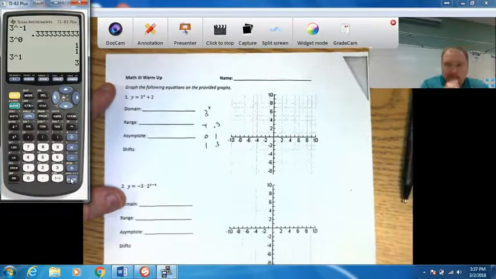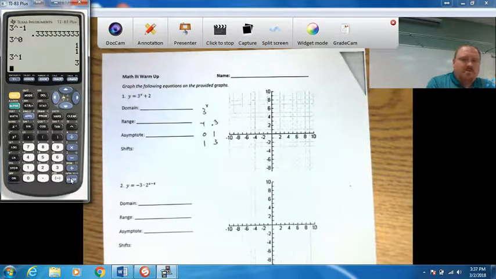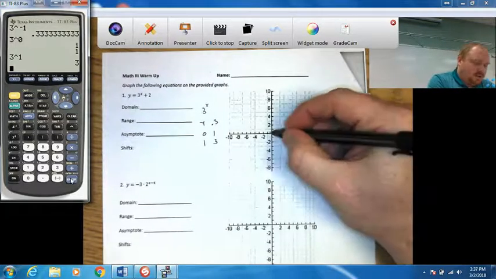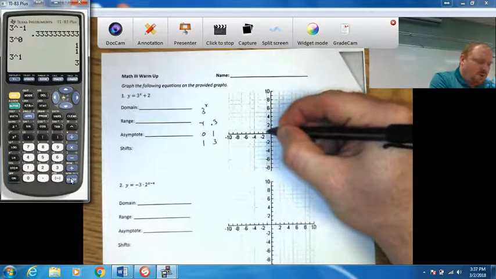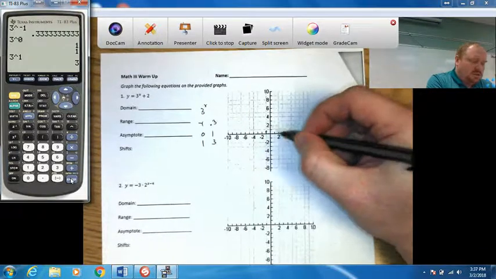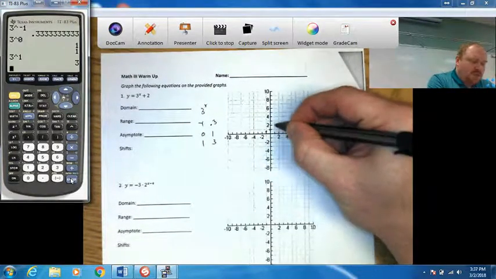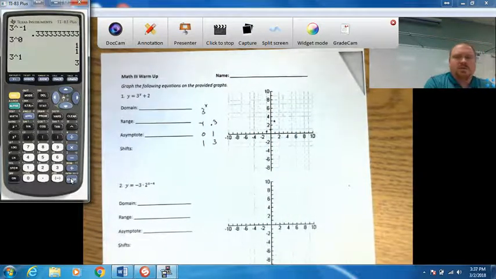So, with this, now I'm ready to graph my parent points here. So -1, 1/3, so just somewhere in the middle is good. 0, 1, and 1, 3. So those are my non-transformed points.